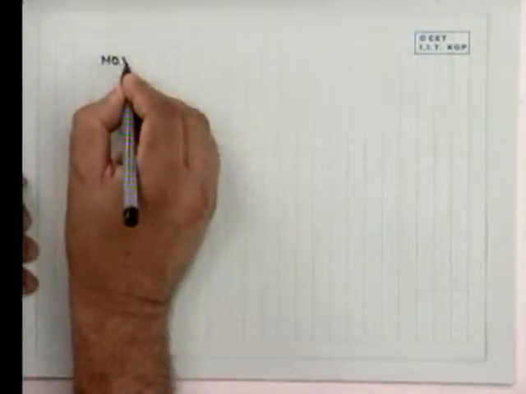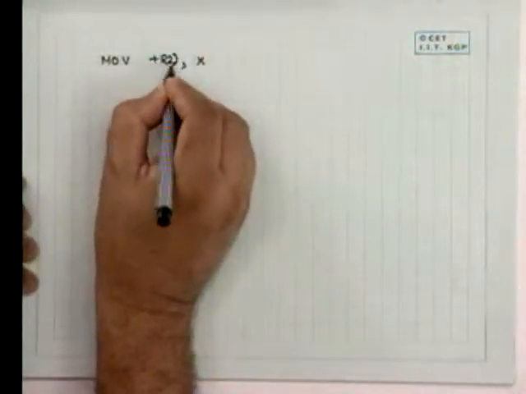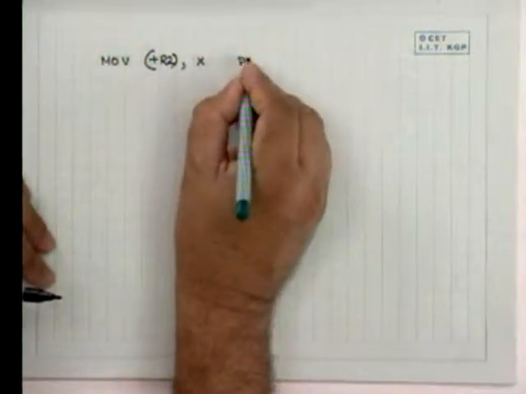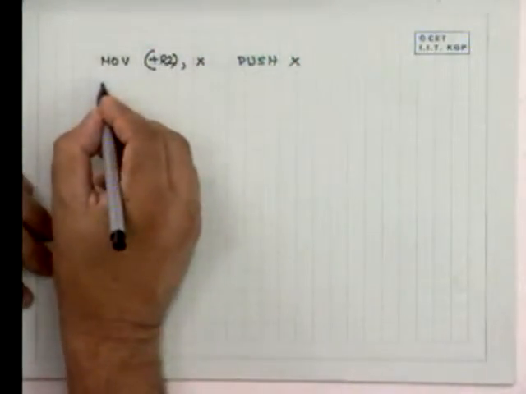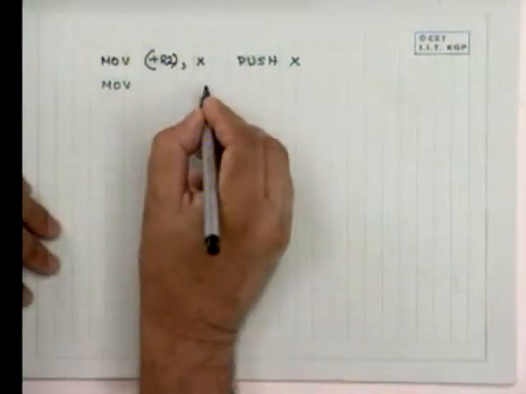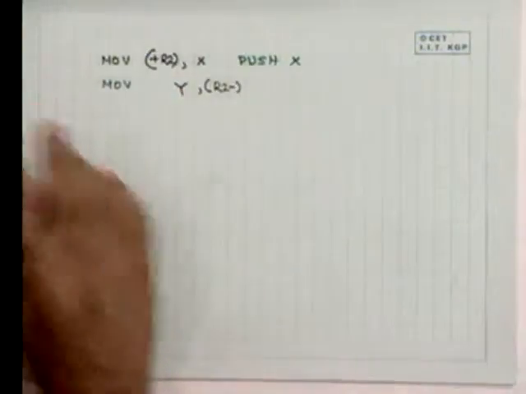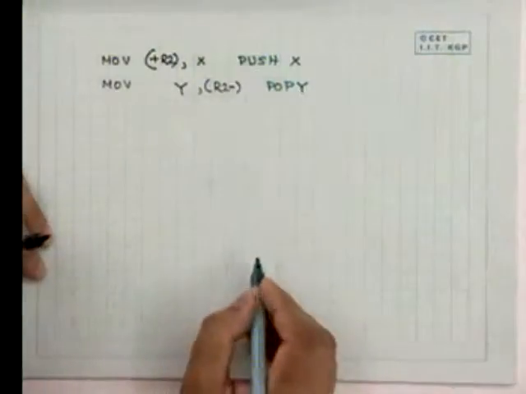For example, if we say move X2 plus R2, that's equivalent to our push X operation. Similarly, if we say move R2 minus to Y, that is equivalent to a pop Y instruction.